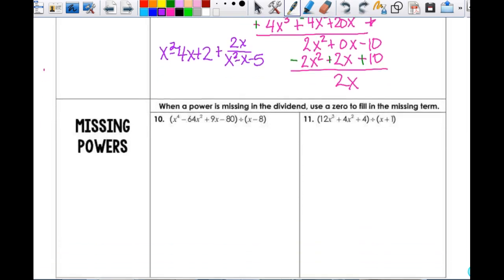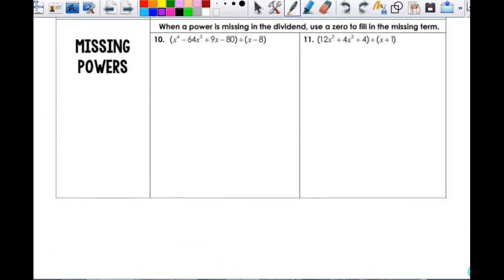All right. There are certain things that, even when you understand what you're doing, cause you to make mistakes along the way when you're not paying attention to them. Signs, first of all, when you should have that 0x in there, and when there are missing powers in your dividend. So when I go to set this one up, I've got x minus 8, and that's going to divide into this right here.